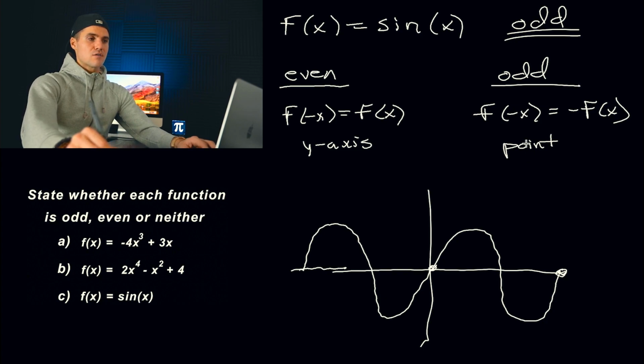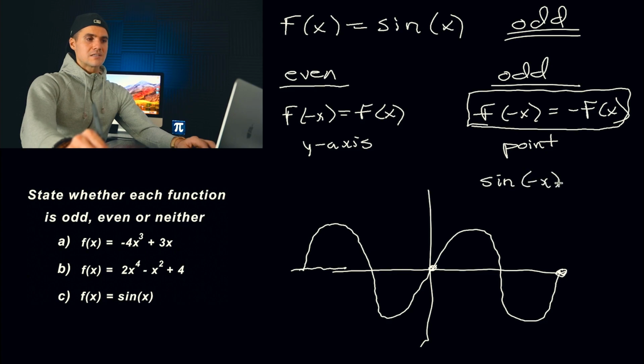Now, in terms of seeing whether this algebraic expression is satisfied, there is an identity where sine of negative x is equal to negative sine of x, like that. There is an actual identity that exists.